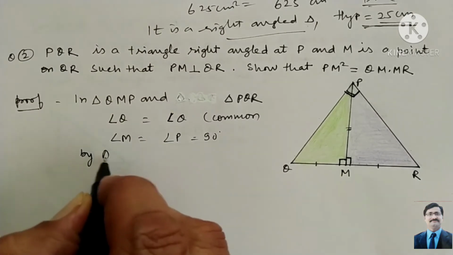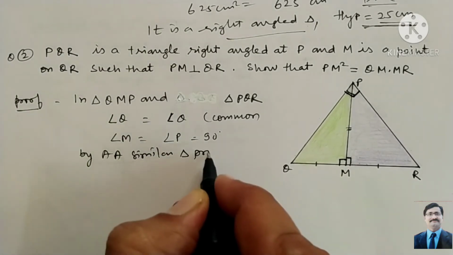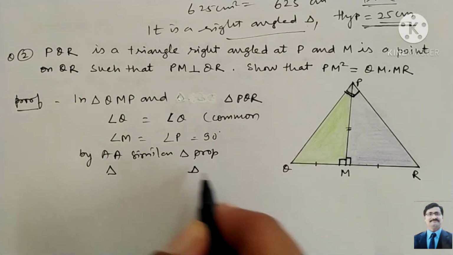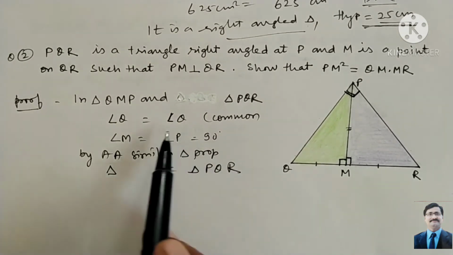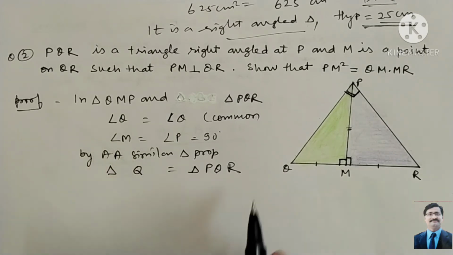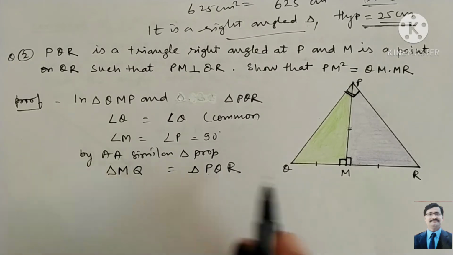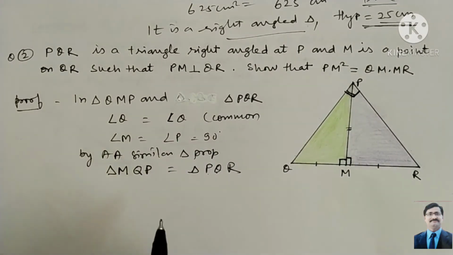By AA similar triangle property, these triangles are similar. Triangle first we will take here PQR, and look here, this Q and Q are equal. Q is middle, so we write here Q middle, and here is P and here is M, so we can write here M. Look here, M, Q and P. This P we write here.